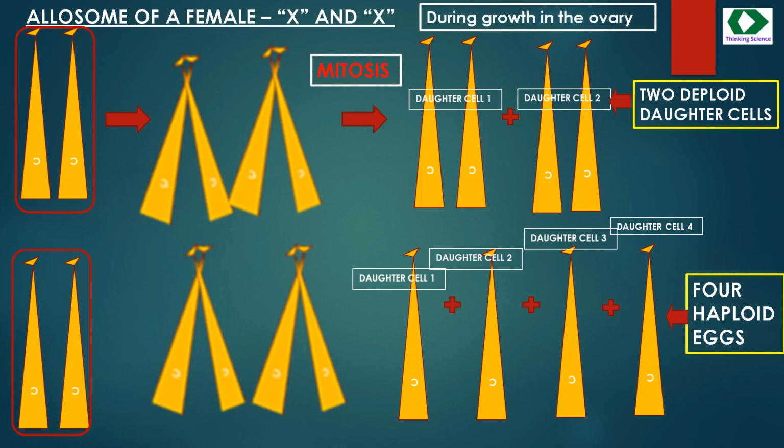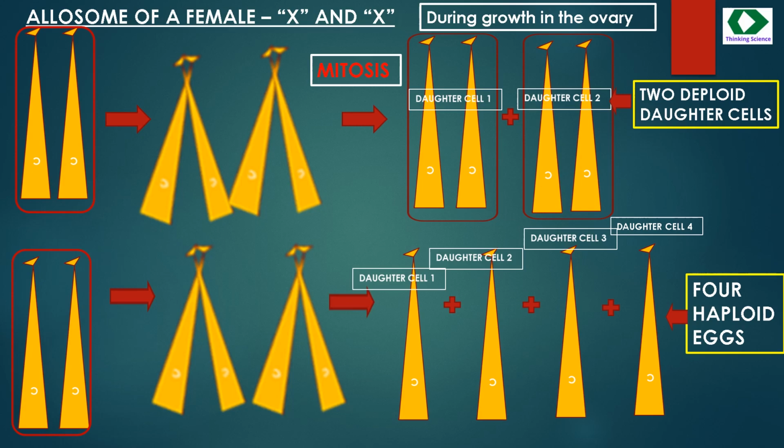Coming to meiosis, if the ovary is going to generate eggs for sexual reproduction, then both the X chromosomes will duplicate. It will become 4 X chromosomes. All the X chromosomes go to different daughter cells. So there will be 4 daughter cells which are all having a single X chromosome.